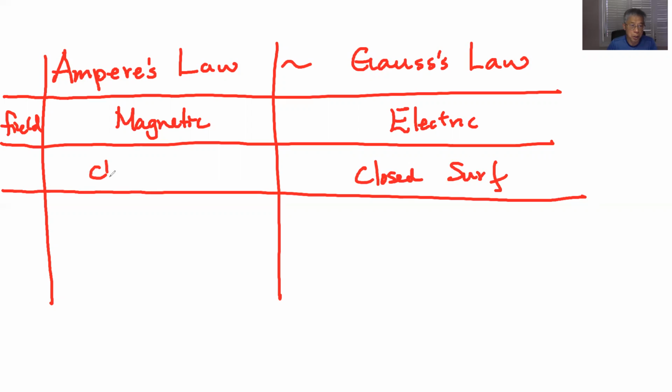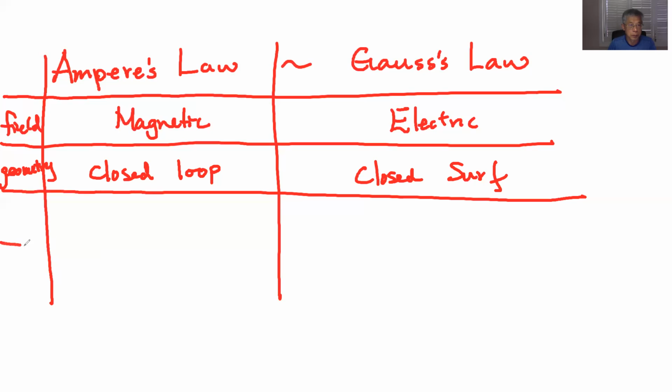And this is talking about a closed loop. It doesn't have to be a loop, it can be any shape, okay? So what's a better word? So this is the geometry.